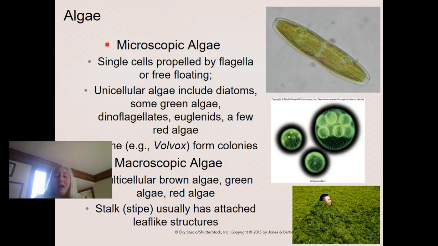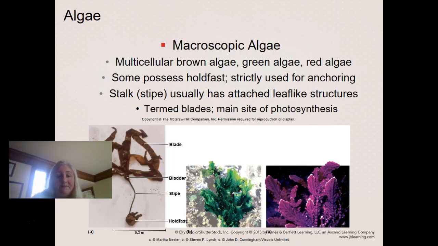And then they have leaf-like structures as well. These blades are the leaf-like structures. Here's the stalk, and there's that holdfast I was talking about. The leaf-like structures on the algae are where photosynthesis occurs.